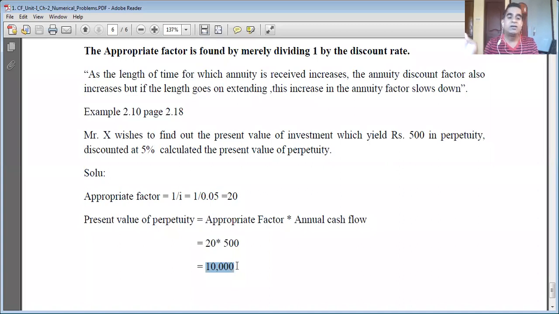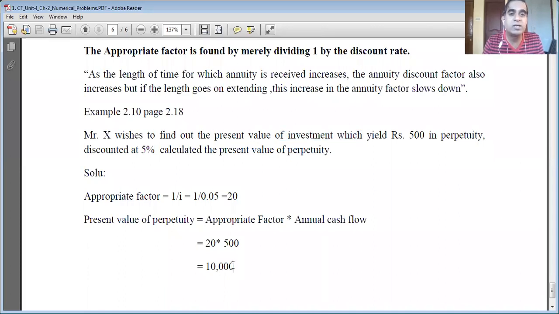If the present value of an alternative investment proposal is higher than 10,000 rupees, yes, Mr. X should invest in the alternative investment proposal. If the present value of the alternative investment proposal is lesser than 10,000 rupees, he must invest in this investment. So that is how we consider.